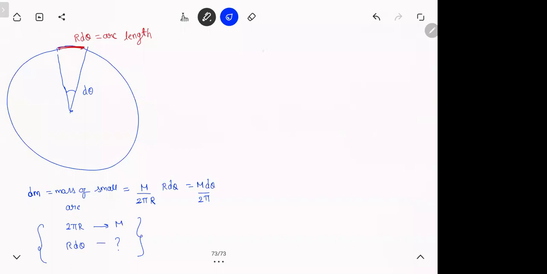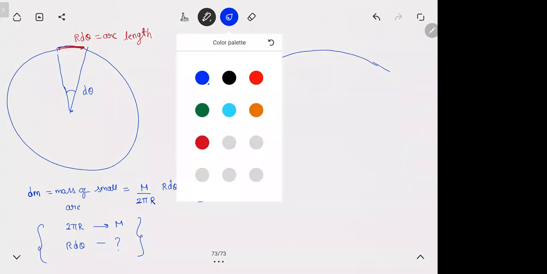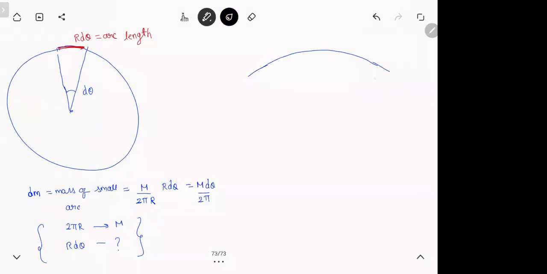Great. Next thing. Now, when you take this small piece here, I'm just drawing big, I'm exaggerating so that it's easy to understand. These are the forces. Tension, tension. So this is the half angle d theta by 2 and this half angle d theta by 2.